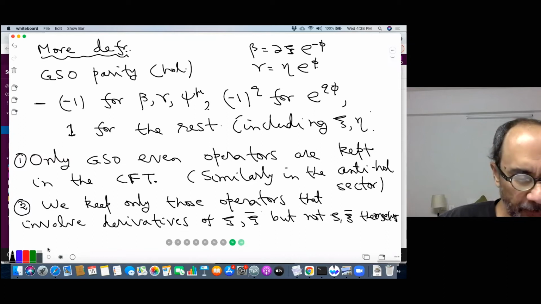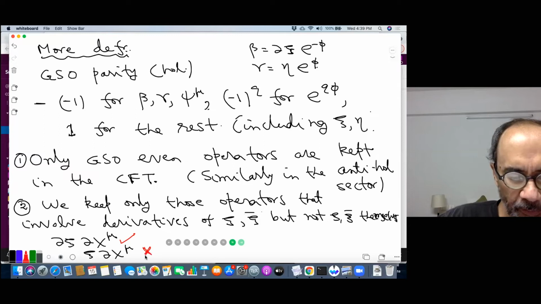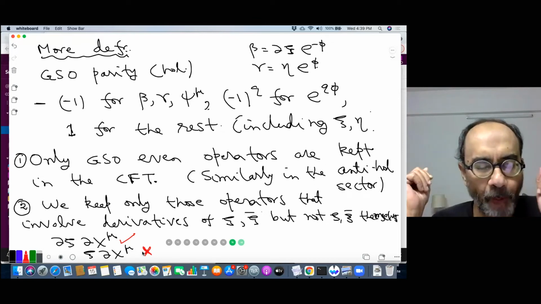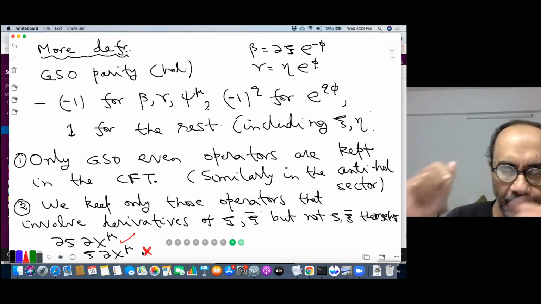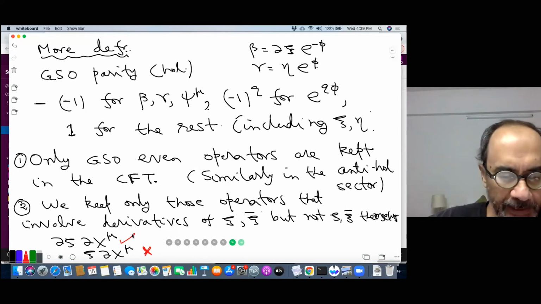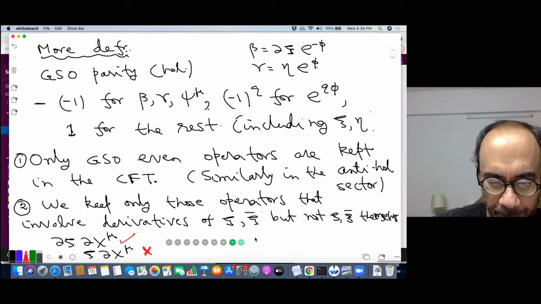Which means, for example, that if you have an operator like del xi del x mu, this is perfectly fine. But if you have xi del x mu, that's not allowed. We will not keep these operators. In fact, one can easily see that if you try to use operators of this kind and then apply the usual conformal identities, you run into all kinds of trouble. So this is sometimes called the small Hilbert space.